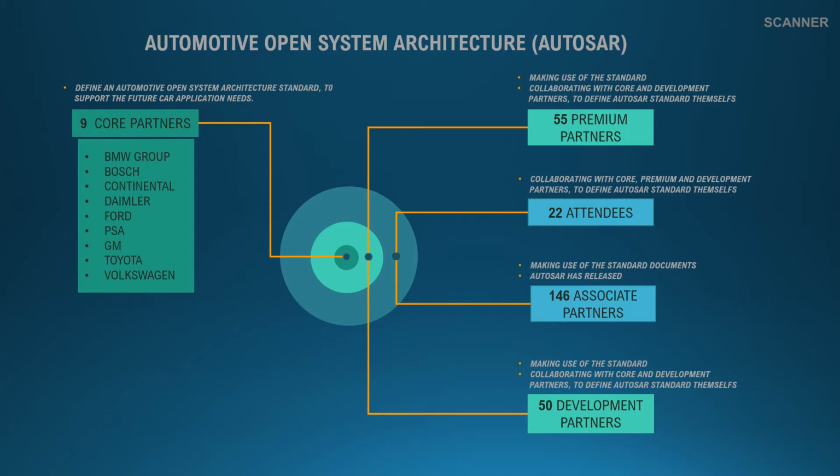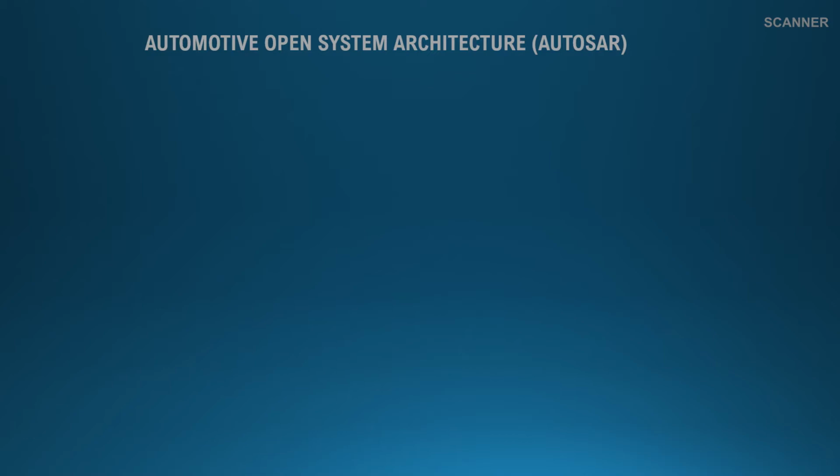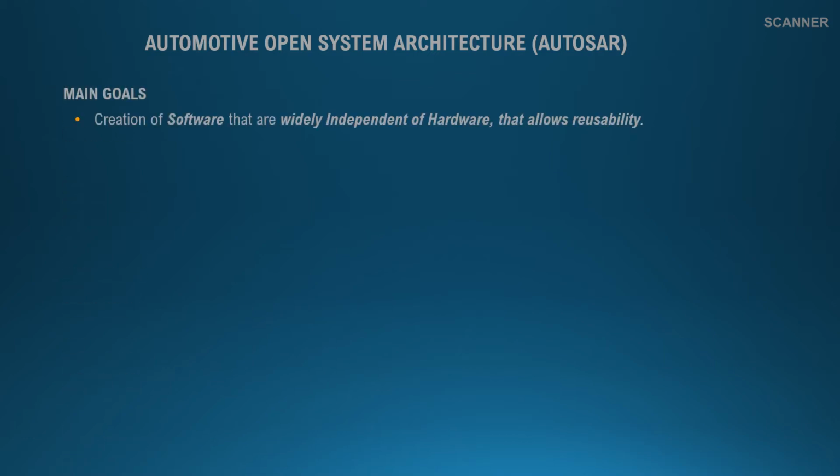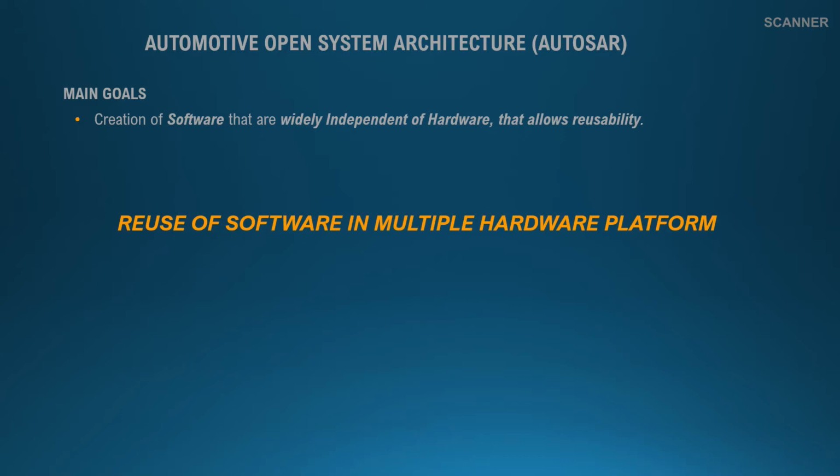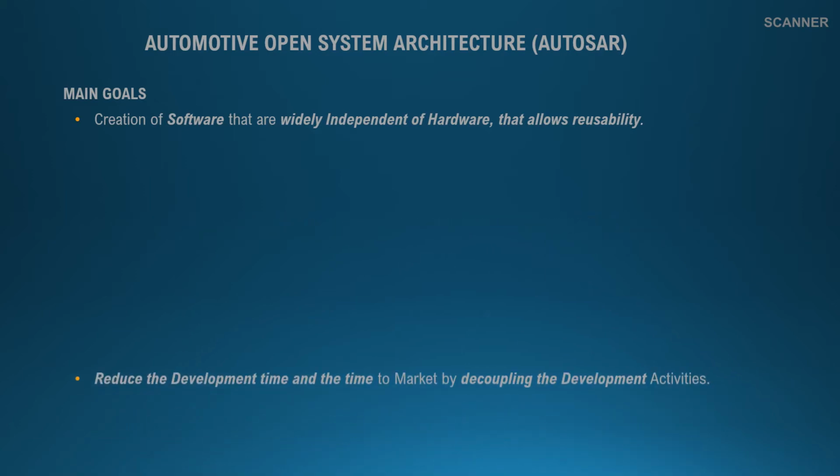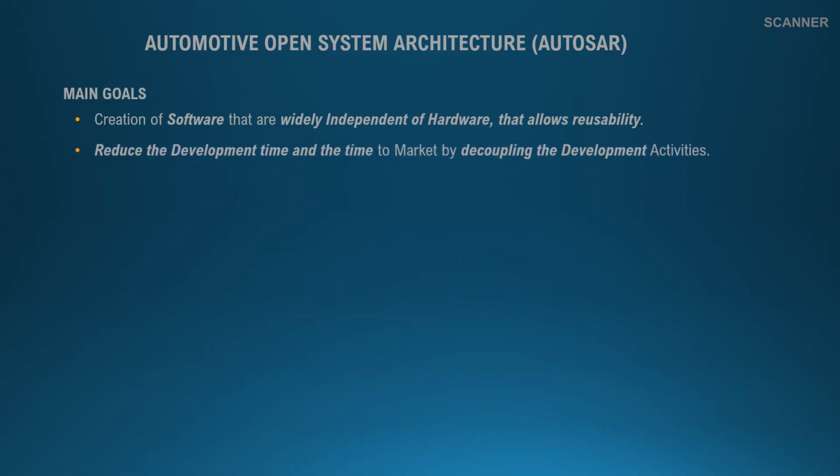Now let us try to understand the main goals of the AUTOSAR architecture. The main goal behind this standardization is to create software that is widely independent of hardware. This means the AUTOSAR architecture enables the reuse of software on multiple microcontroller platforms. The second idea behind this architecture is the parallel development of software, by decoupling the software functionalities.